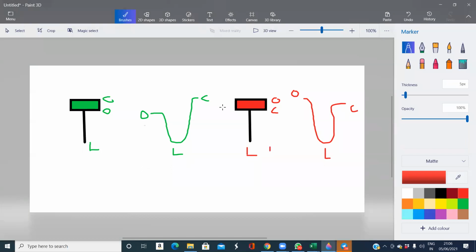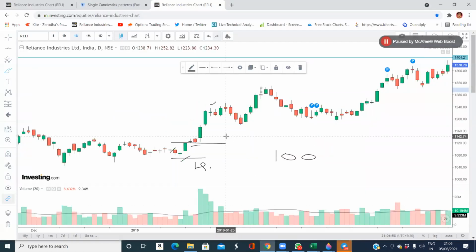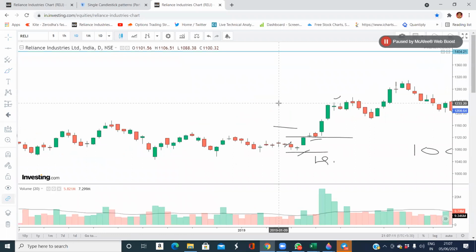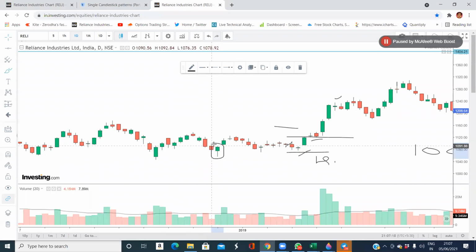Although one is green and one is red, because in the stock market, suppose this is the chart now. We will see where the hammer is here. Is this a hammer or not? Just focus. Okay, this is a hammer. This is a hammer. Another hammer.